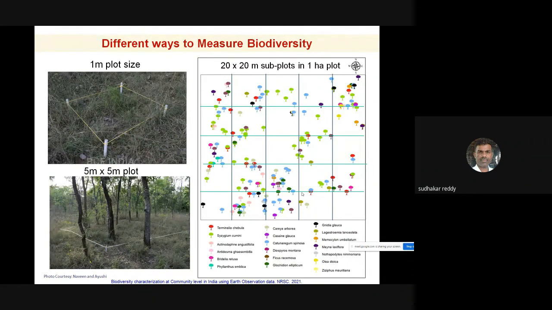Now, if you take up small plots, like 10 by 10 meter, 20 by 20 meter, or 0.1 hectare in a random way, such type of assessment may not be comprehensive and may not be covering all the floristic elements as well as the structural variation of the vegetation.